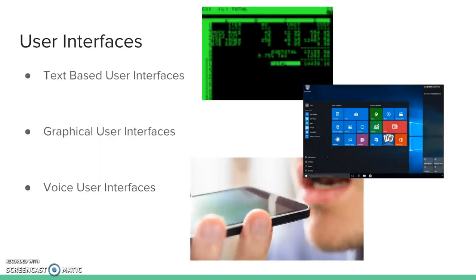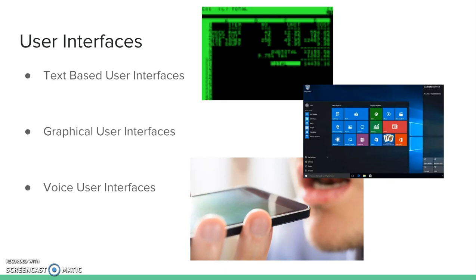Now, we've had text-based user interfaces before, but that was mainly in the older days of computers, like the Apple II. It's really old, so we don't really use that anymore. Nowadays we have more graphical user interface and voice user interface based tech, like our laptops, our phones, all that jazz.